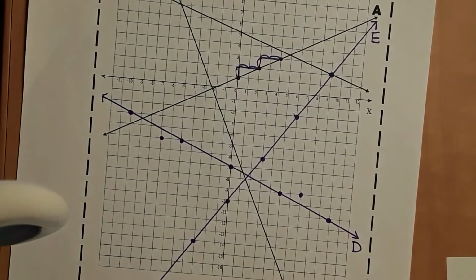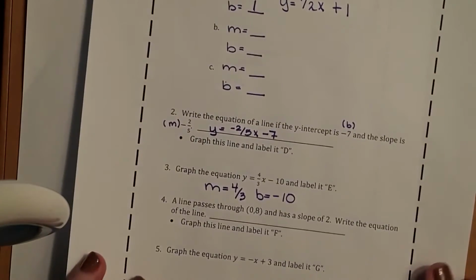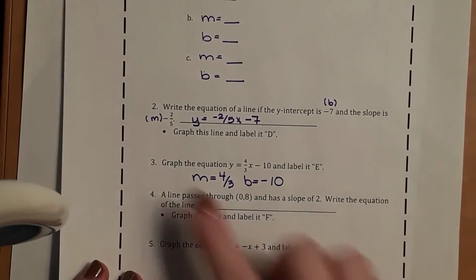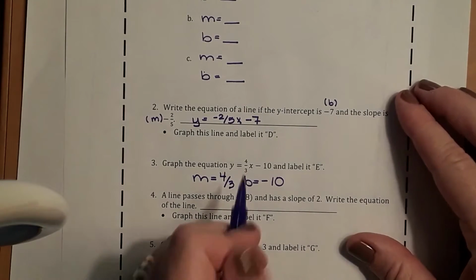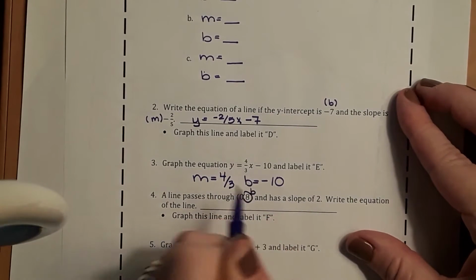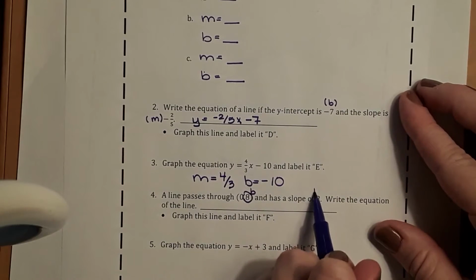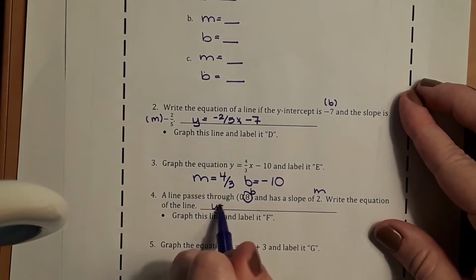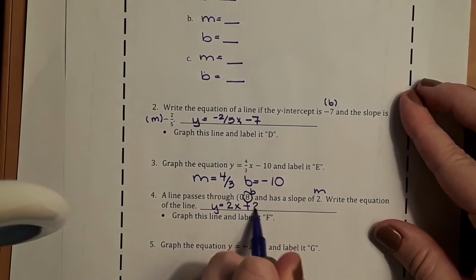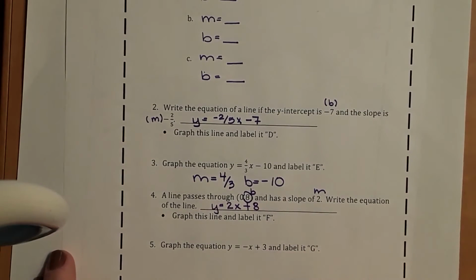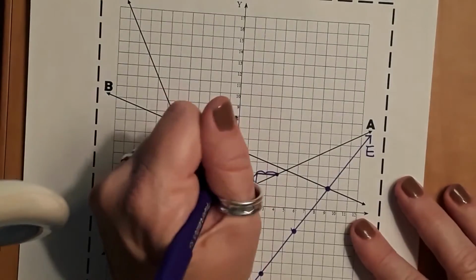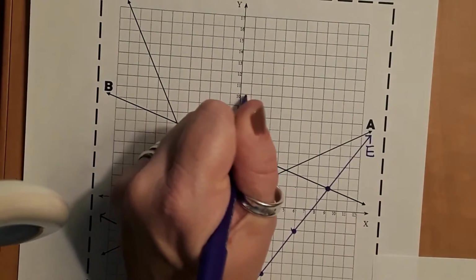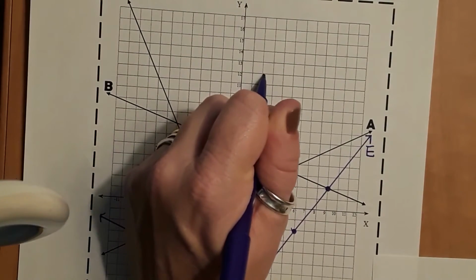Okay, let's go to number 4. It says a line passes through 0, 8, which 8 is your B, your y-intercept, and has a slope of 2. Write the equation. Y equals 2x plus 8. We're going to start at 8, and then we have a positive slope, 2/1. Going up, up 2 over 1, up 2 over 1.